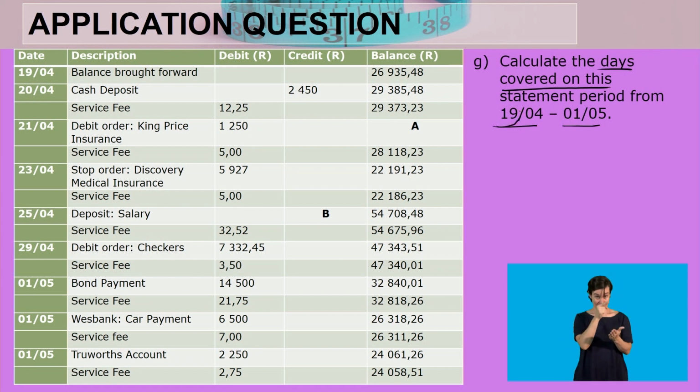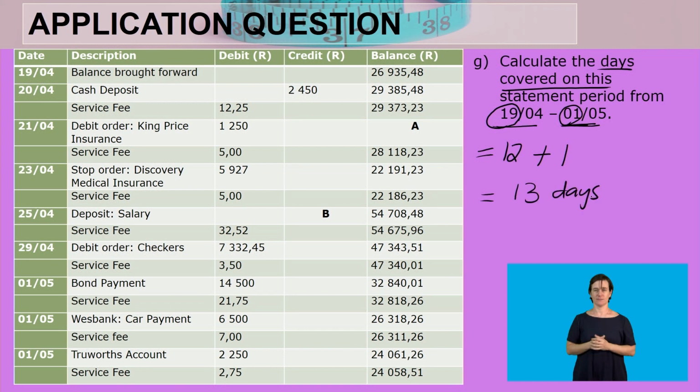If it says from the 19th, you start counting on the 19th and include that day. Counting from the 19th of April, you have 12 days, plus one day in May, which is the 1st of May. So 12 plus 1 gives 13 days. This statement covers only 13 days.